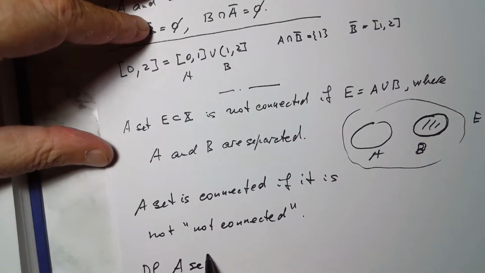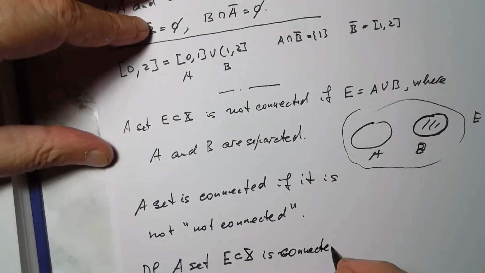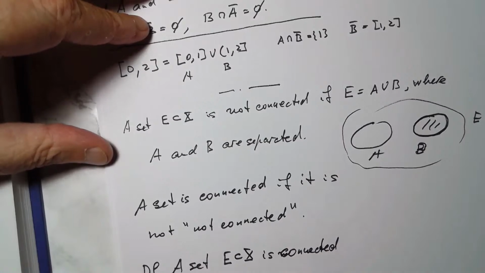A set E in a metric space X is connected if it is not not connected.